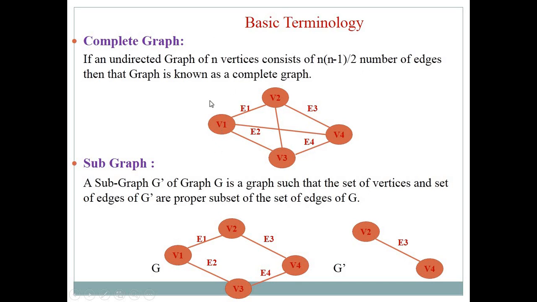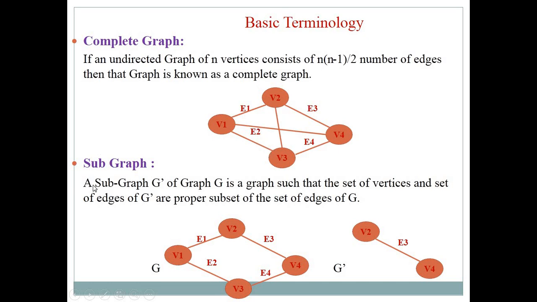Let's check this graph. We have 1, 2, 3 and 4 vertices. So n into n minus 1 means 4 into 3 is equal to 12, divided by 2 is 6 edges. Let's count: 1, 2, 3, 4, 5 and 6. We have 6 edges here. So this is an example of a complete graph.